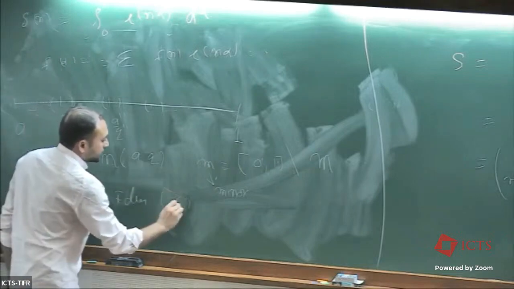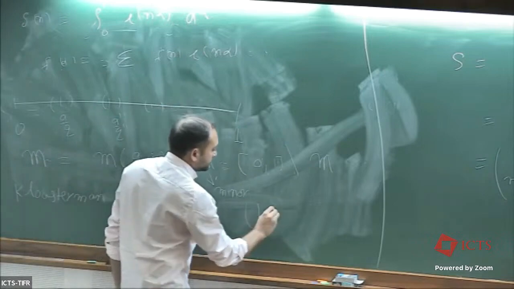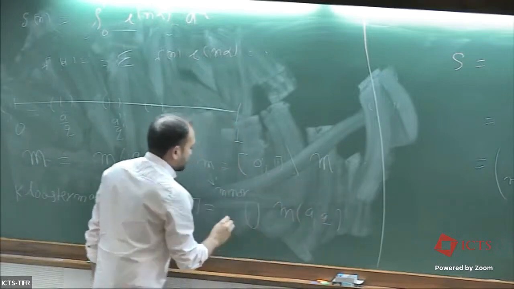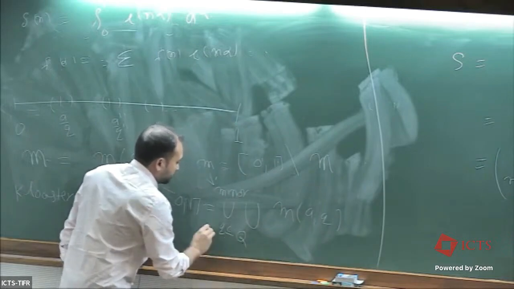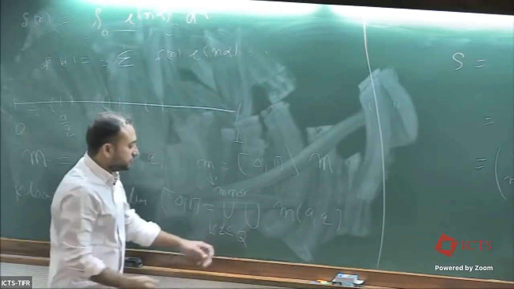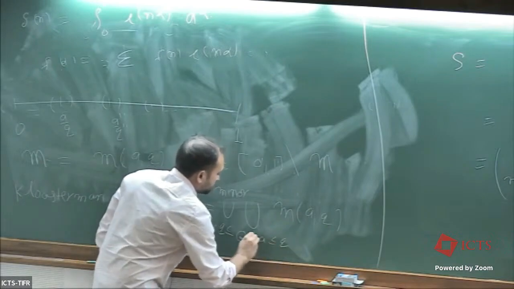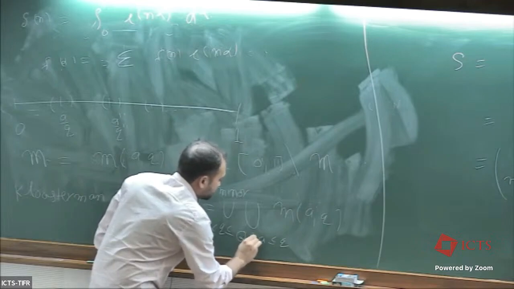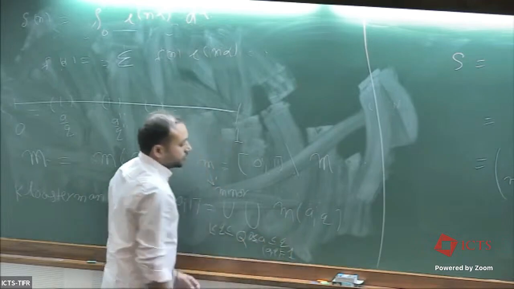We write the whole interval 0 to 1 as a disjoint union of M a q, where q is a parameter going up to some fixed capital Q, and a is varying with 0 less than a, where a and q are coprime.